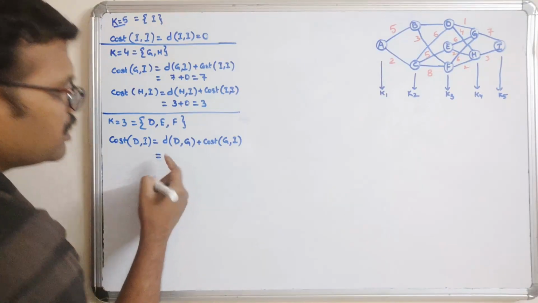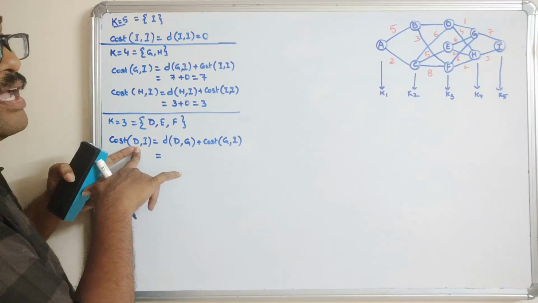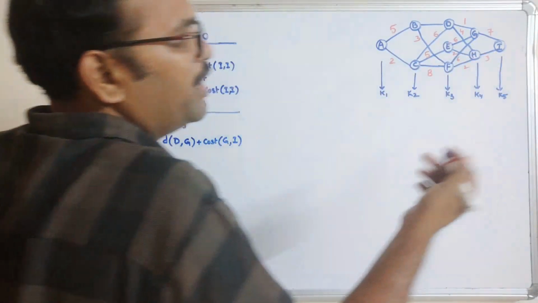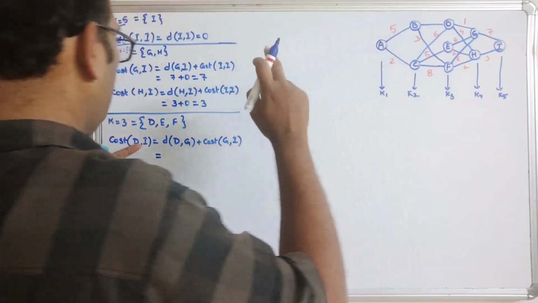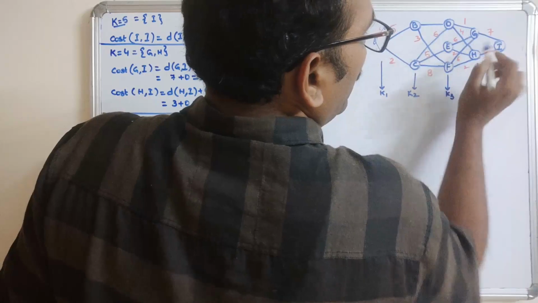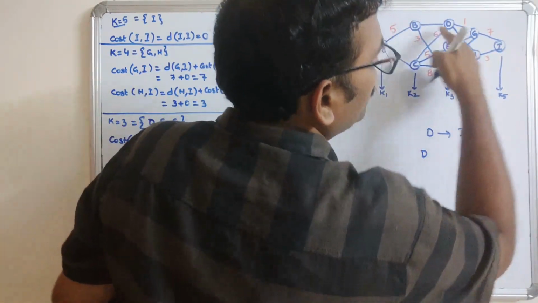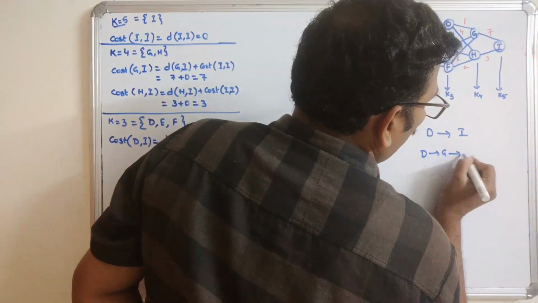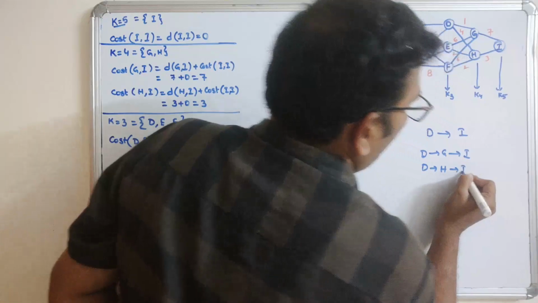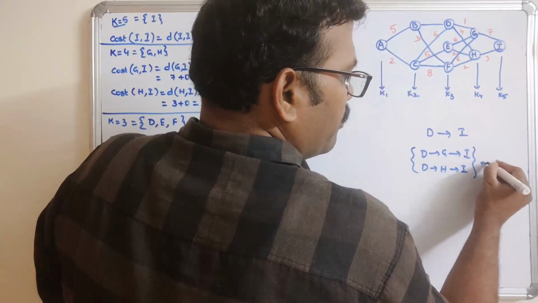So here, the cost of D to I. First let us check whether there are any other edges from D to I. How many possibilities from D to I? There are two possibilities: we can go with D to G, G to I, or D to H and H to I. Among these two, we have to find the minimum.